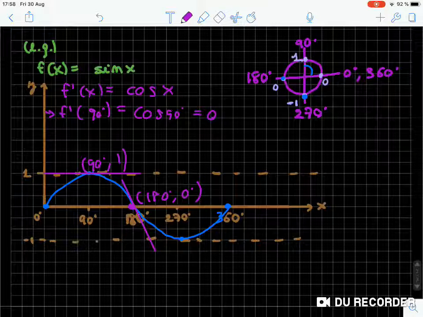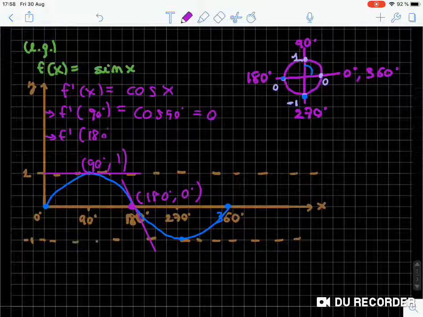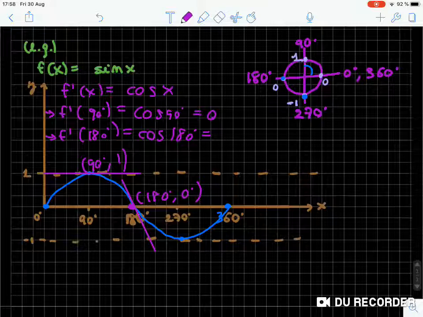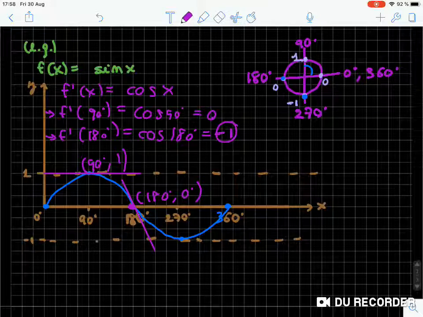When x is 180 degrees, cos of 180 degrees is actually -1, which makes sense since, as you can see, the gradient of this tangent is negative, so the derivative is also going to be negative, and we can see that the gradient, or the derivative, is -1.